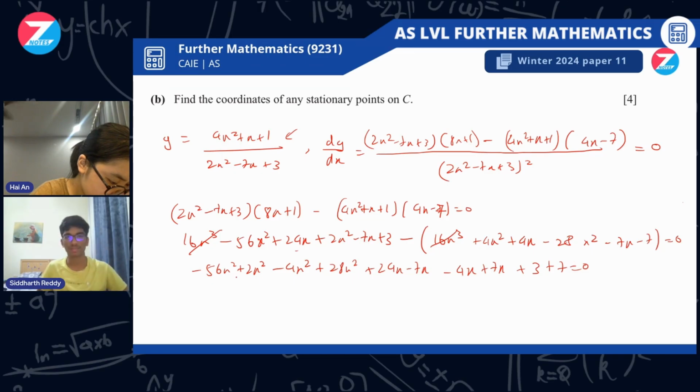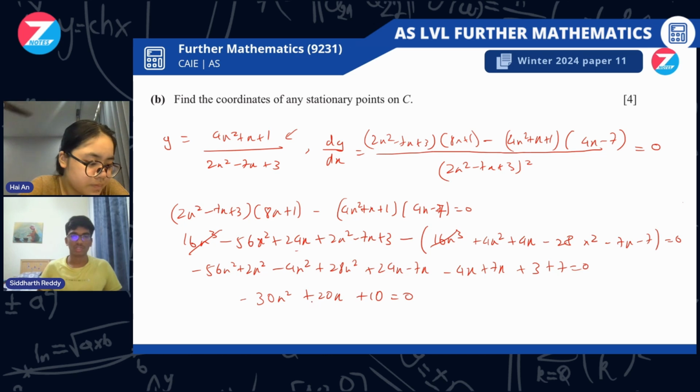So minus 56 plus 2 minus 4 plus 28 gives minus 30x squared, and 24 minus 7 minus 4 plus 7 is 20. So plus 20x plus 10 is equal to 0.